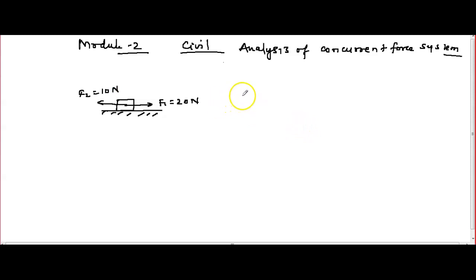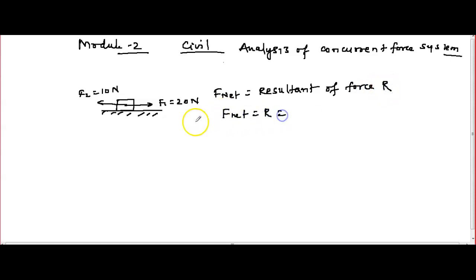So the net force you can write as F net, which means the resultant of these forces, sometimes represented as R. This horizontal level is called horizontal, the x-axis.